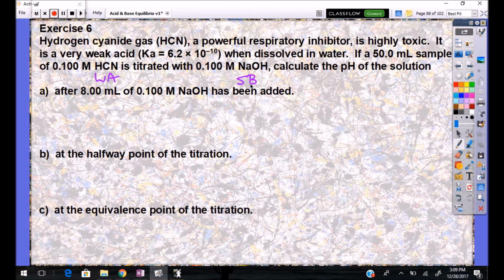All right. So this one, since you've done some buffer stuff already, this is a Henderson-Hasselbalch equation problem. You've got 8 milliliters of 0.100 molar NaOH that you're titrating.